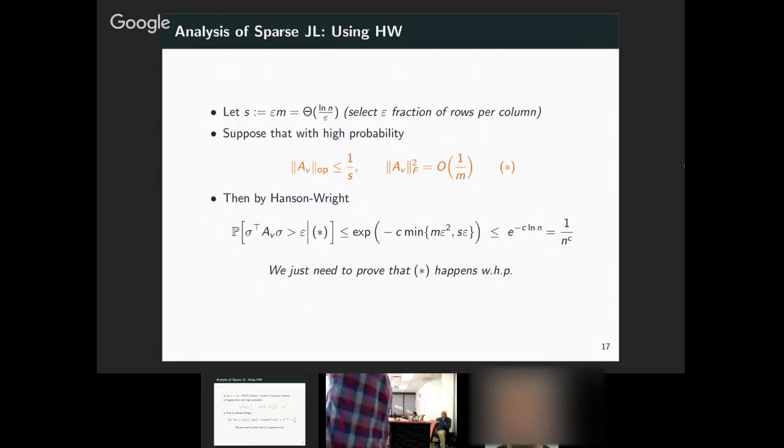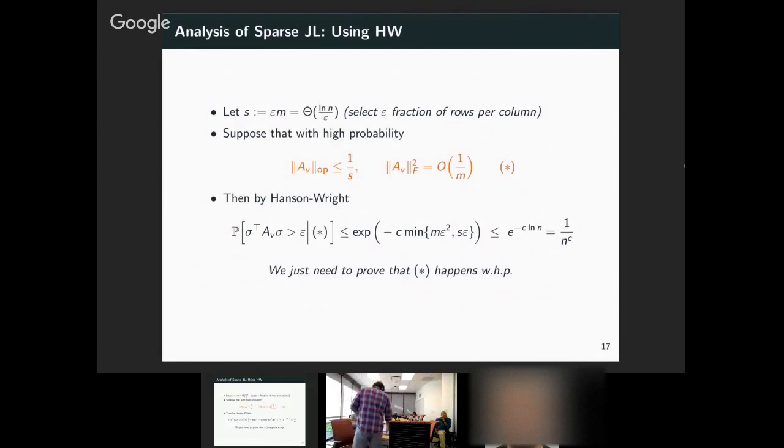And since we pick this S to be epsilon m, these two terms over here are balanced. So the kind of concentration we get is something like 1 over c to a certain power. So this is vanishing with the number of input vectors. And all we're left with is proving that this event star happens with high enough probability.